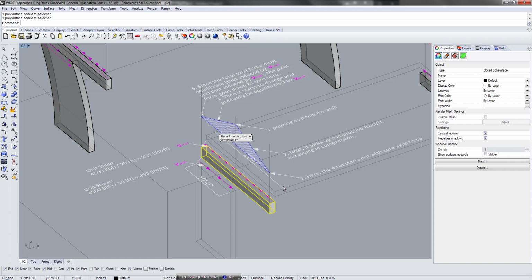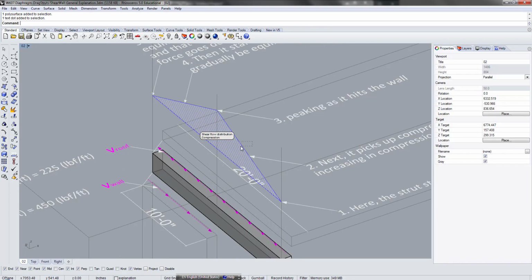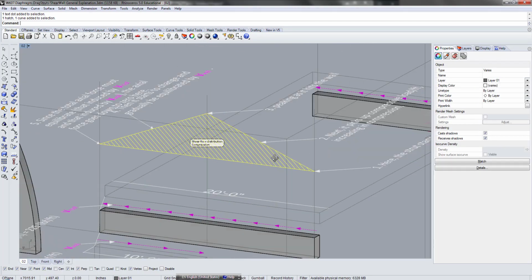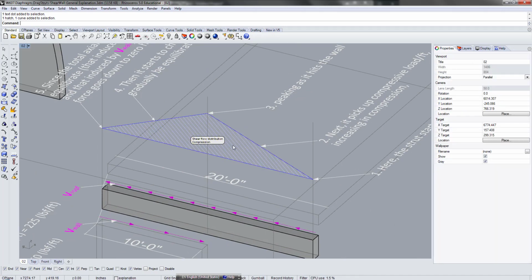But if you look at every segment of this beam, it experiences more shear at certain points compared to other points. So this is basically showing the distribution of the intensity of the shear along the length of the beam.